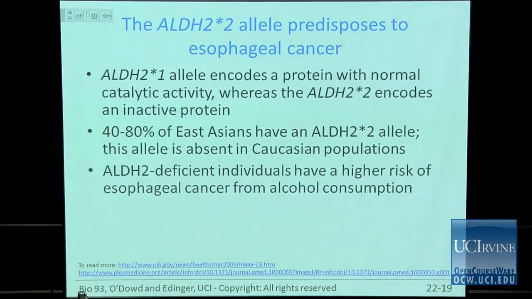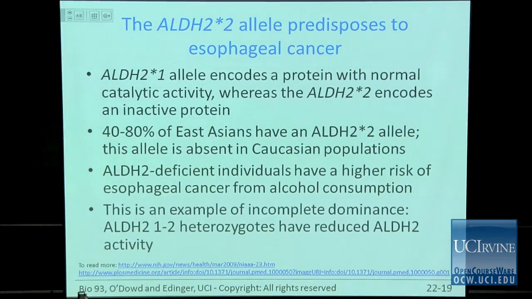So it's very common. ALDH2 deficient individuals have a higher risk of esophageal cancer from drinking alcohol. This is an example of incomplete dominance as well, because if you're a heterozygote, your risk is halfway between a person that has the *1 allele and a person that has 2 copies of the *2 allele. So heterozygotes have an intermediate phenotype.